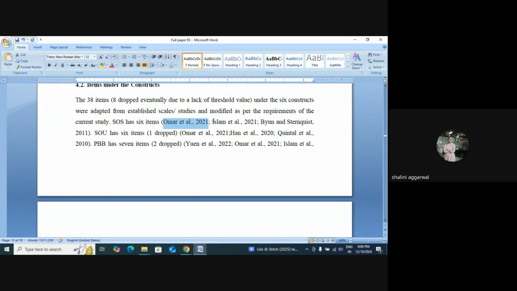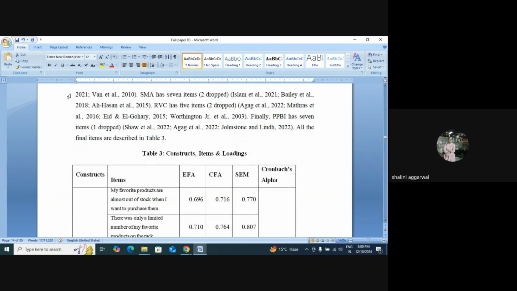And whose statements have we taken for these? It is very important to mention this in your research methodology. This is very, very, very, very important. SOU, sense of uncertainty, has 6 items like this. And whose scales did you take? PBB, next. Which one did you take? Can you see this? And this is all on a 5-point Likert scale. Got it?